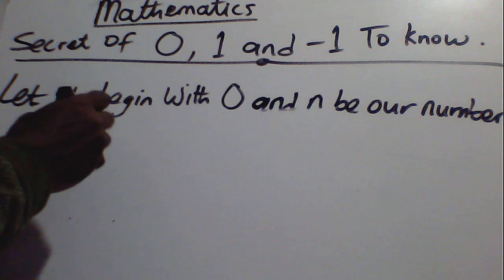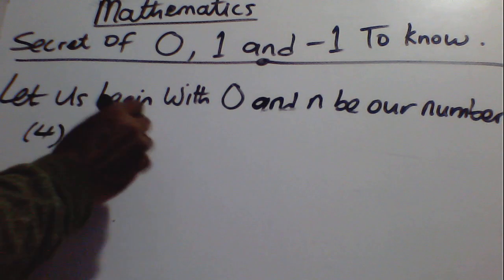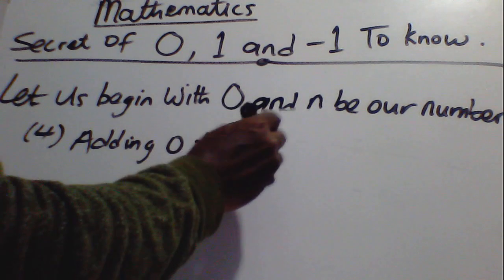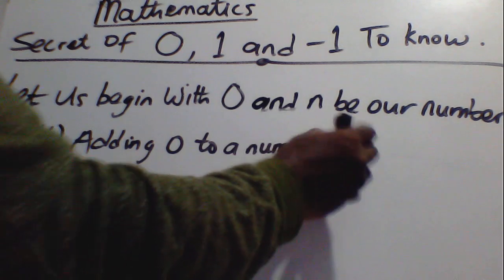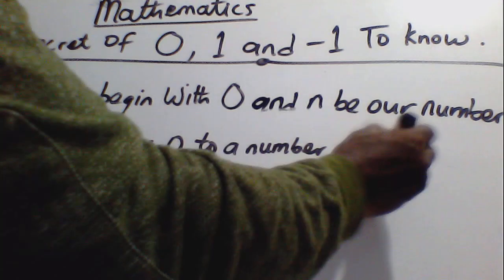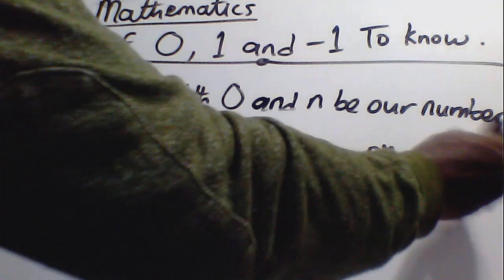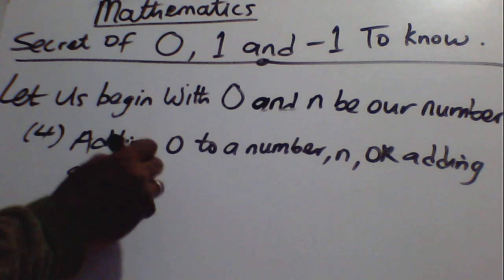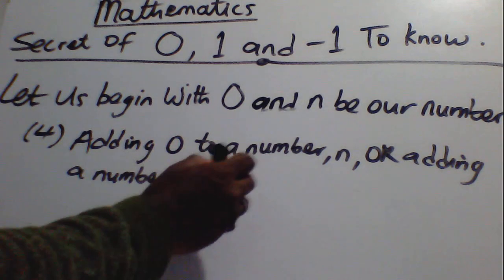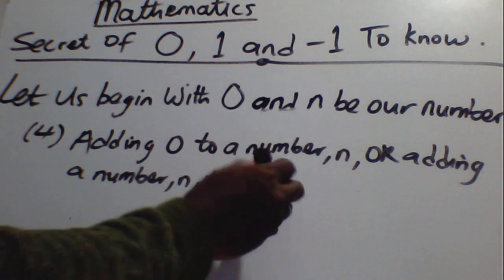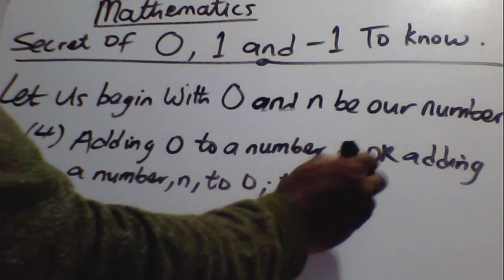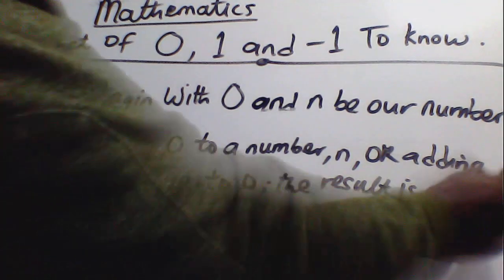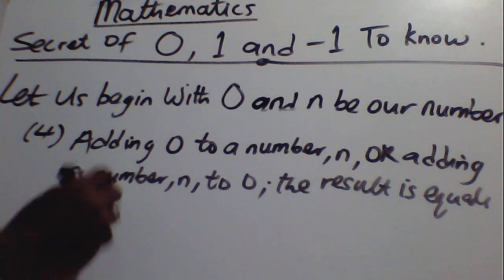So the fourth thing to know is that when adding 0 to a number n, or adding a number n to 0, the result is equal to the number.